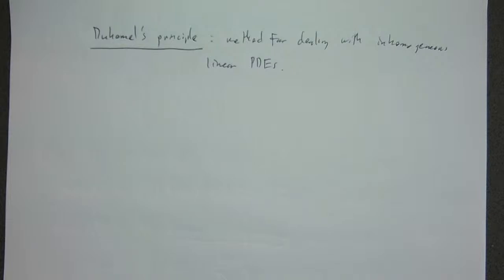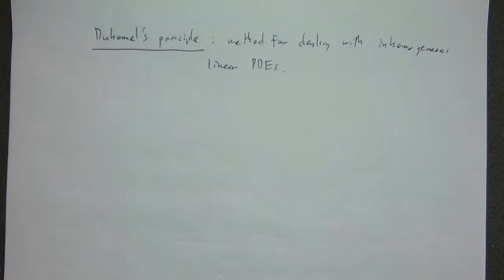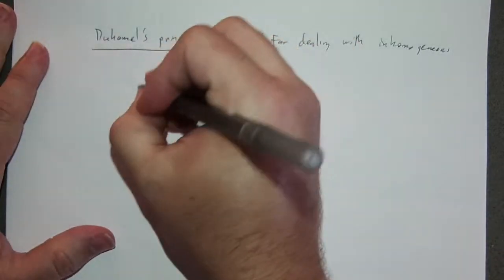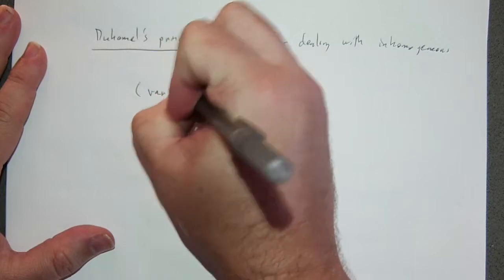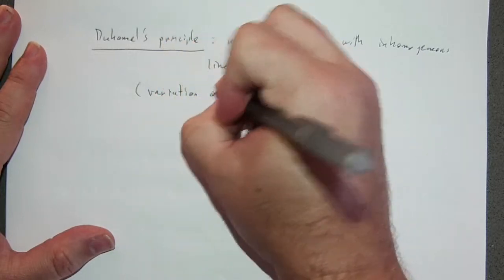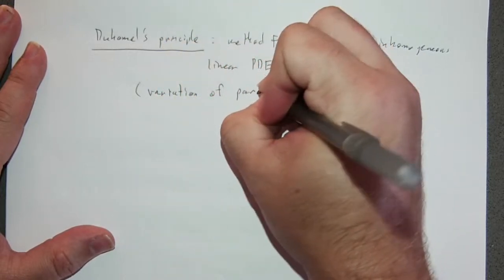It can be used not just for the wave equation, but for many, many other linear PDEs. What this method actually is, and there is an exercise in this section that shows you, is your favorite method from ODE, variation of parameters.